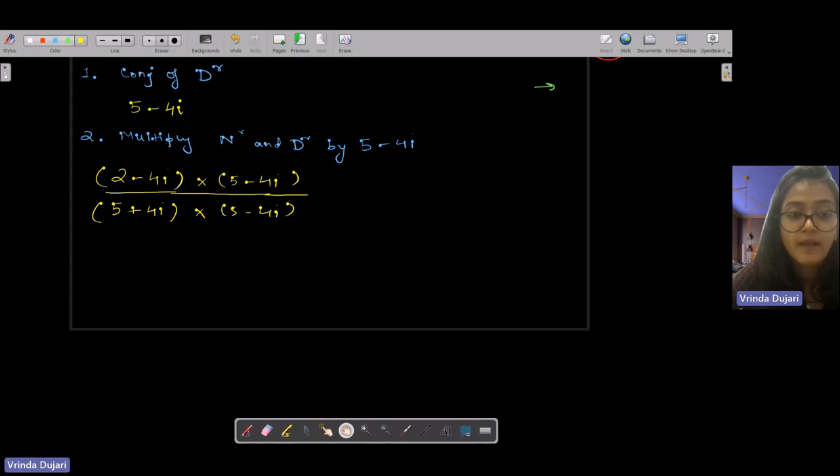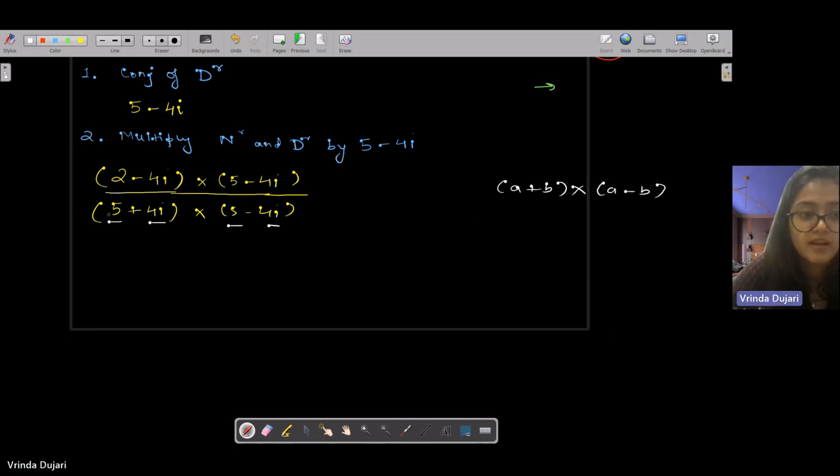So the reason is, if you see the denominator carefully, if you see the pattern, this is actually in the form of a plus b times a minus b, right? In place of a, we have 5, and in place of b, we have 4i. If you recall the identity, a plus b times a minus b is nothing but a square minus b square.